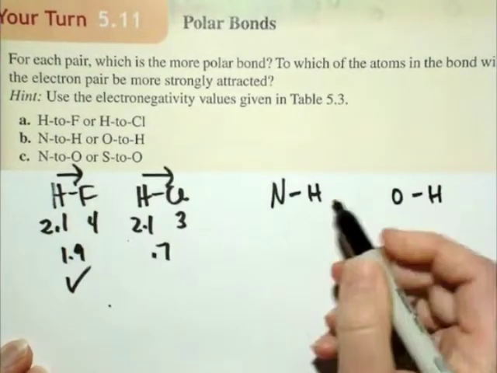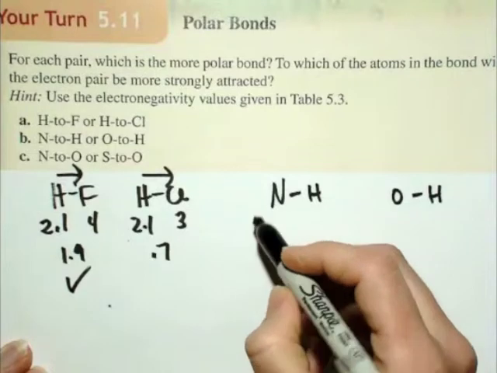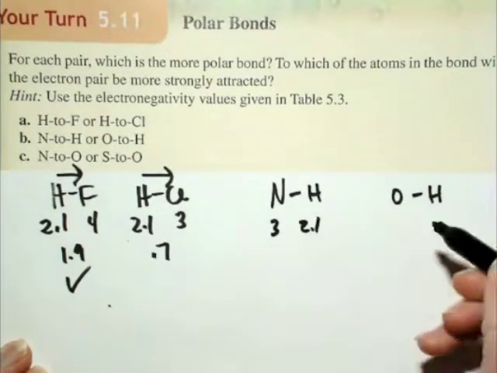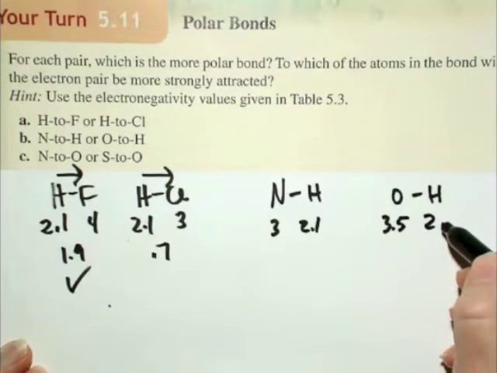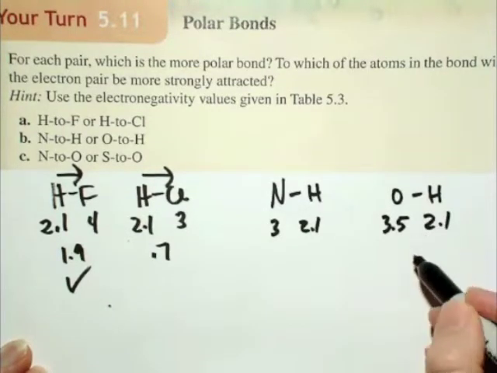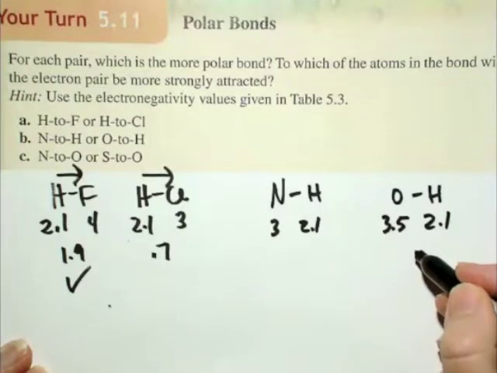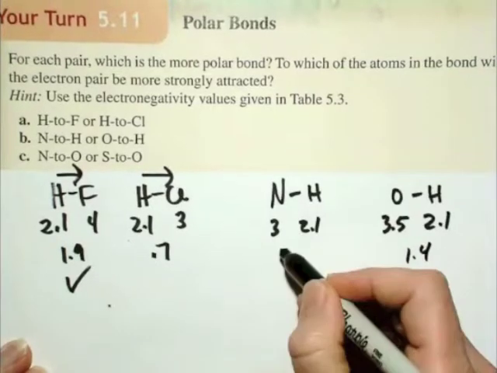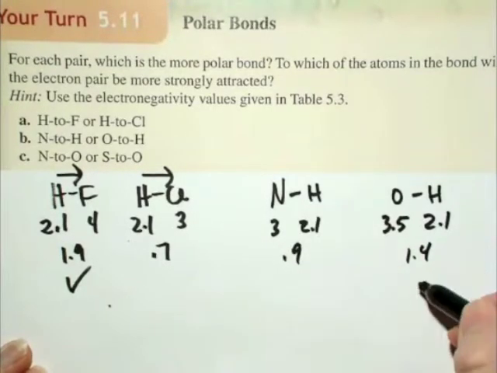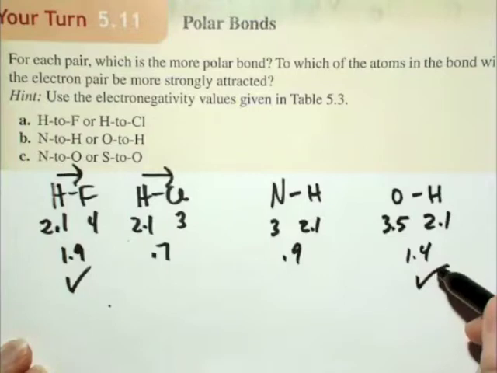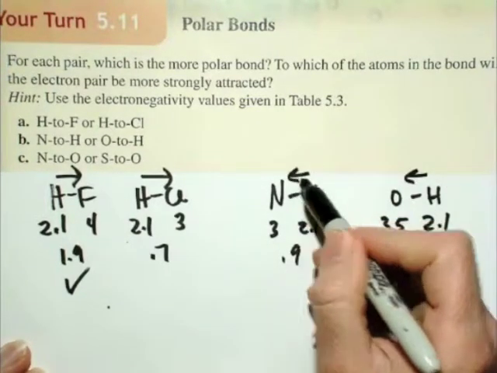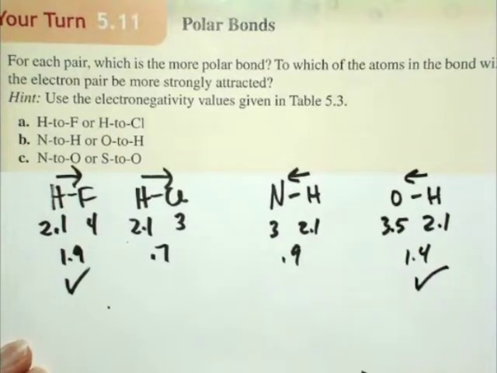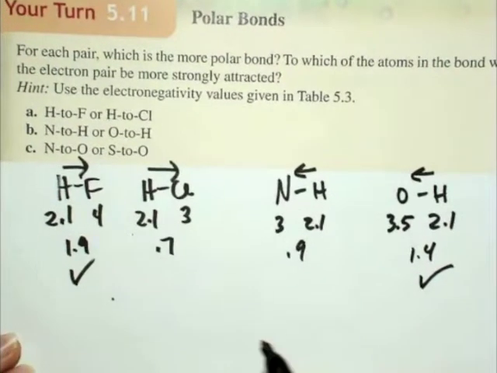All right, and let's look at the next one. NH and OH. Again, you just look up the values on the table, and nitrogen is 3, hydrogen is 2.1, oxygen is 3.5, hydrogen is 2.1, and so in this case, the electronegativity difference is, let's see, 1.4, we just did that one, and this is 0.9, so this would be the more polar bond, and the vector would be in the direction of the oxygen, or in this case the nitrogen, in which case they are both the more electronegative atom in that bond.